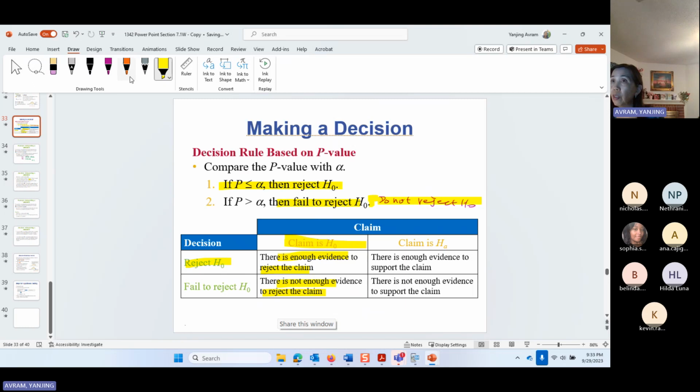If your claim is in the alternative, which is the majority of the time, and you reject the null hypothesis, that means you have enough evidence to support the claim. If you fail to reject the null, that means you don't have enough evidence to support the claim.